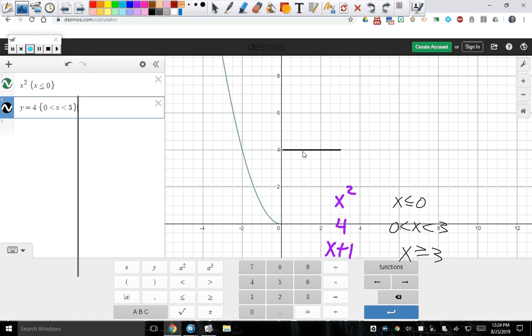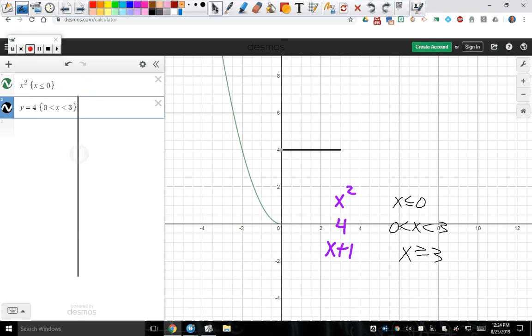So if you use Desmos, you have to understand that when these less thans don't include it, they're actually showing that there is an open hole there, and you would actually have to write it in. So there's a hole there, and there's a hole there. This is included, and it's to the left.